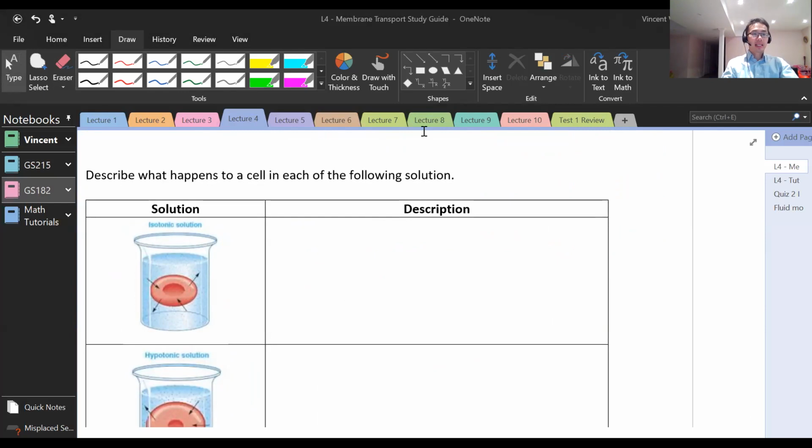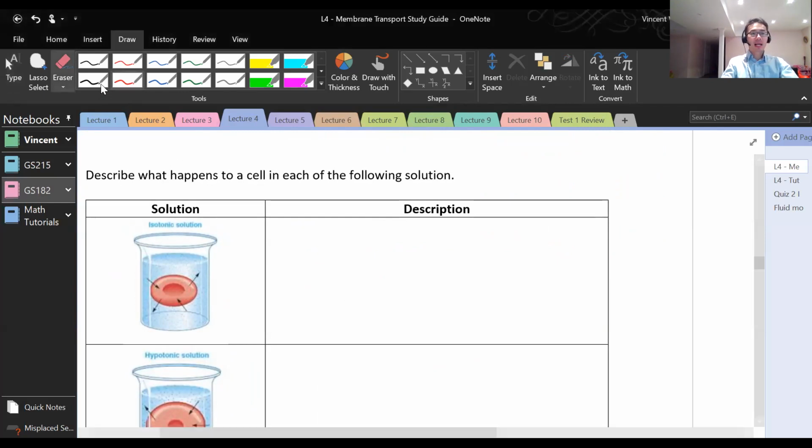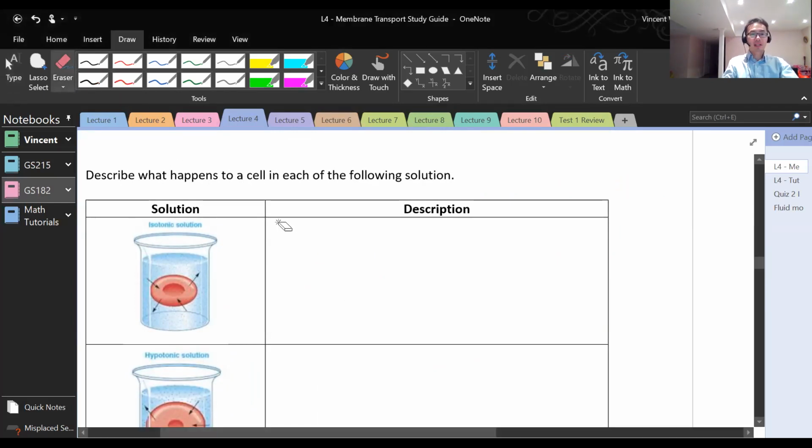The first one is isotonic. What does isotonic mean? An isotonic solution means the concentration of solute inside the cell is equal to the concentration of solute outside. Square brackets mean concentration; you'll learn that in chemistry later.